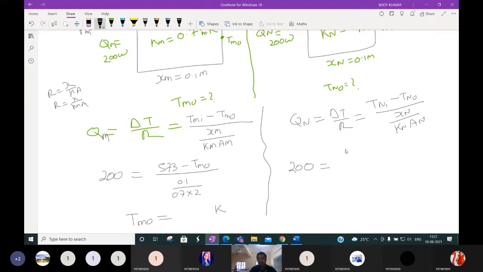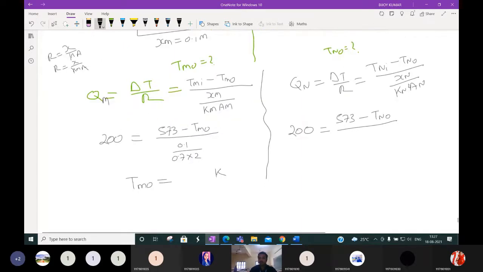The inside temperature is the same, given as 573, minus the outside temperature which we don't know, by thickness which is the same for both walls, by thermal conductivity given here as 4. Here it was 0.7, here it was 4, and the area is 2.